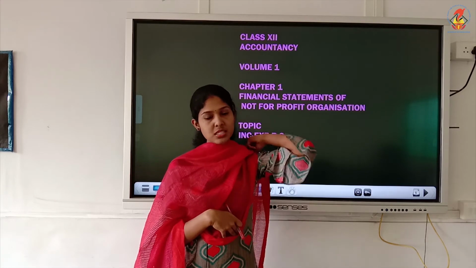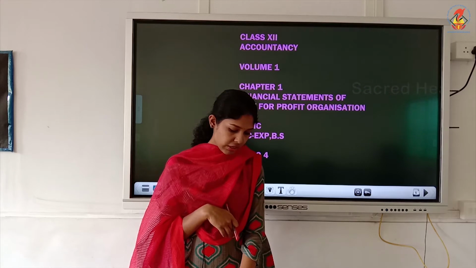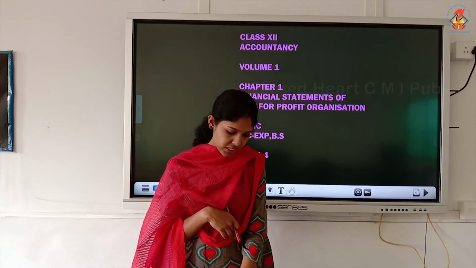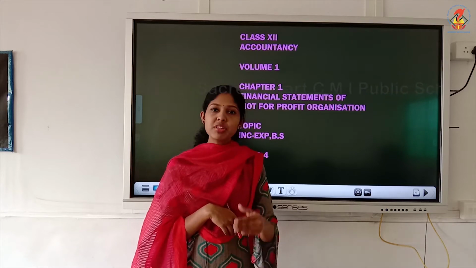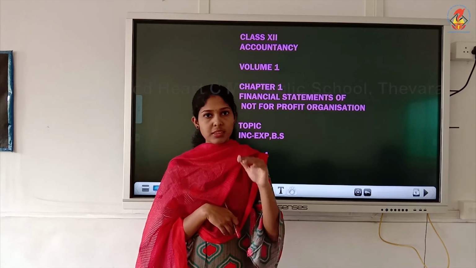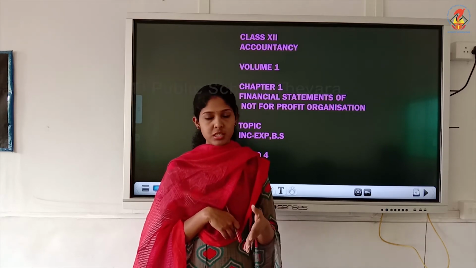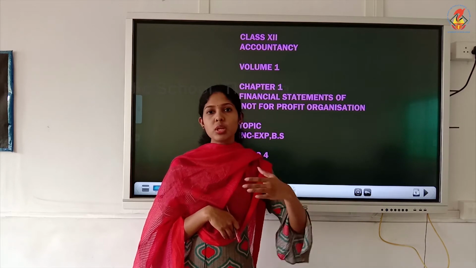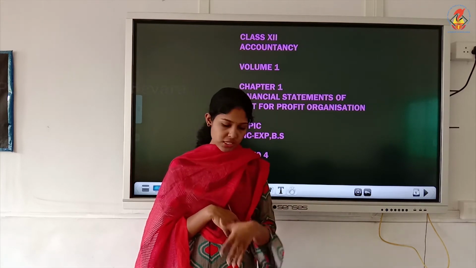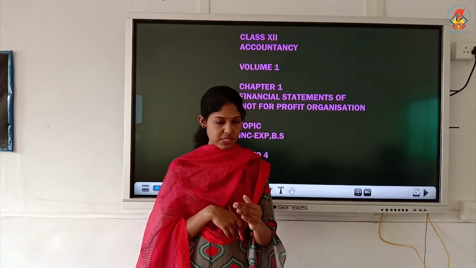The meaning is, opening furniture you have of rupees 58,000, isn't it? Opening figure you have, then you haven't purchased any additional furniture during the year. That is why inside receipts and payments we don't have any figure. That means only the opening figure we have. During the year we didn't purchase anything new. Whereas books, we have purchased additional books of 31,200, which is given on the payment side.